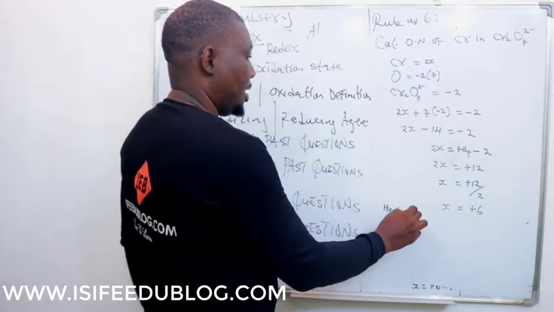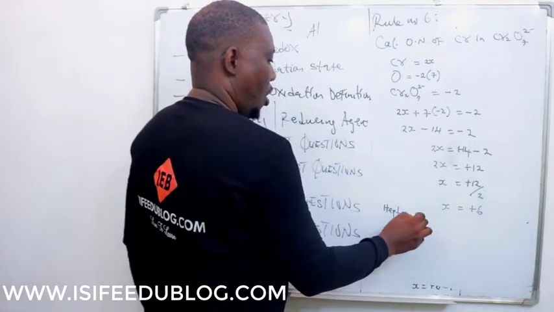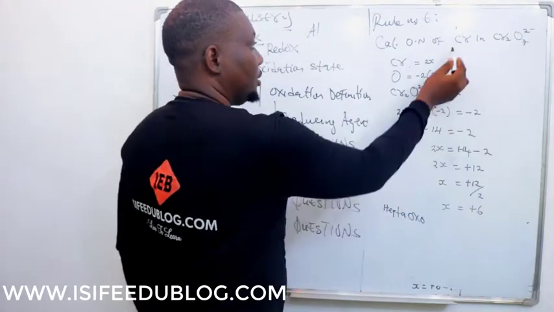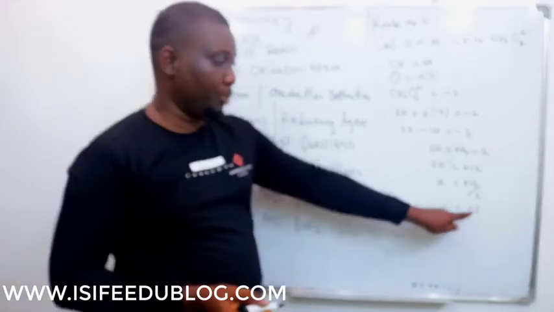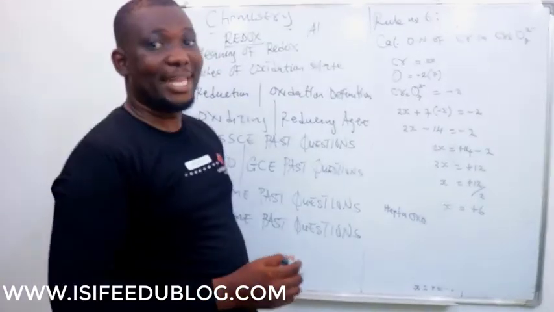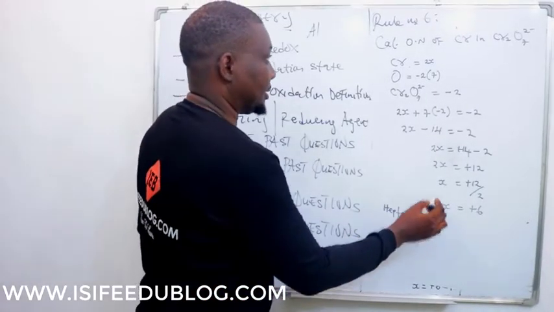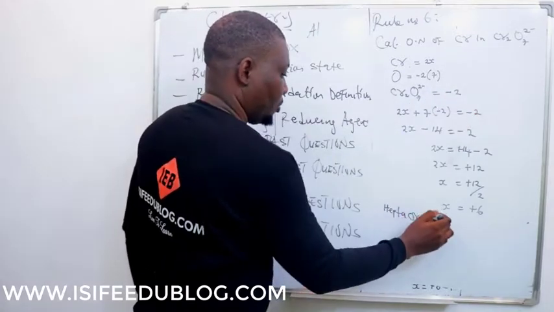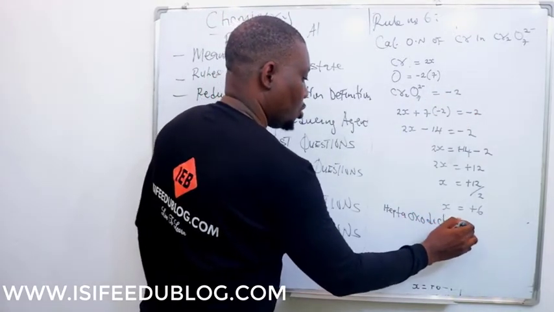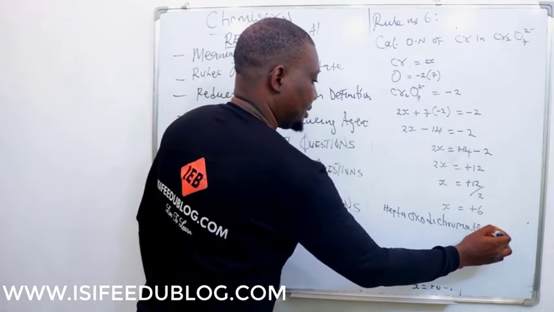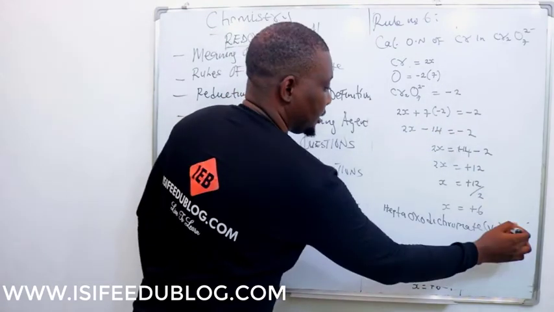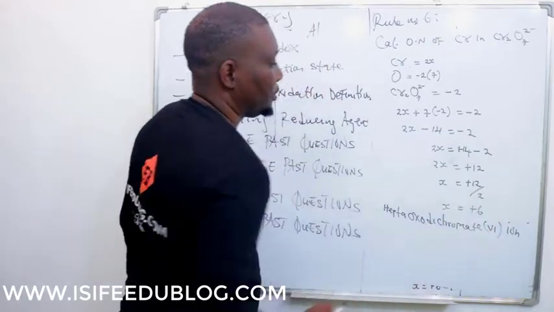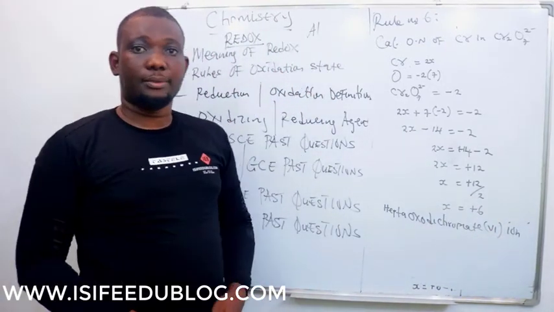Hepta is 7. Hepta-oxo. This is not going to be called chromium since its oxidation state is positive. It will end in ate, so it will be chromates. How many are there? 2 now, so it will be dichromate. I think 6 should be VI. And then it's charged, so here will be what? Ion.